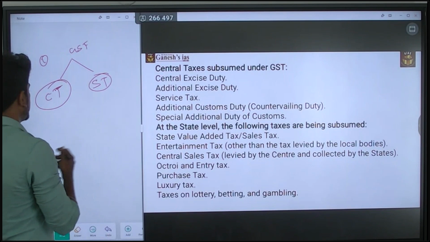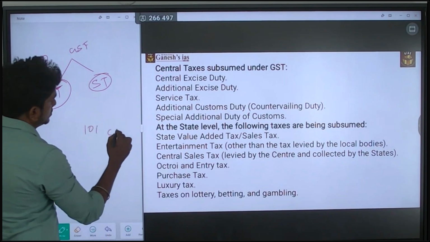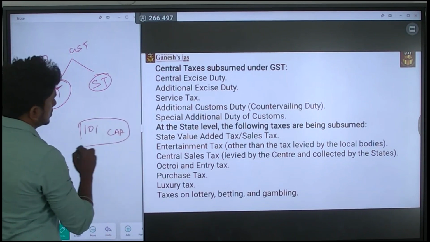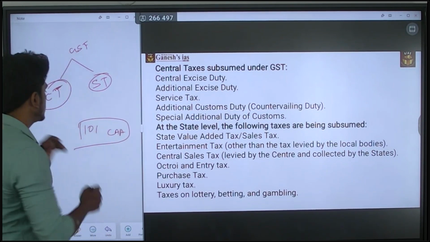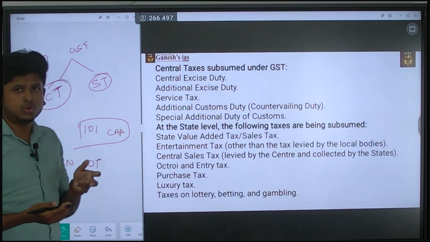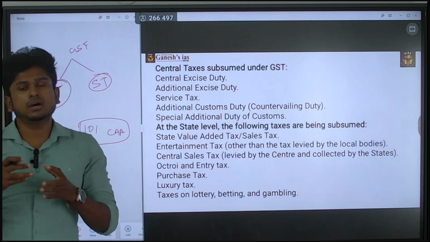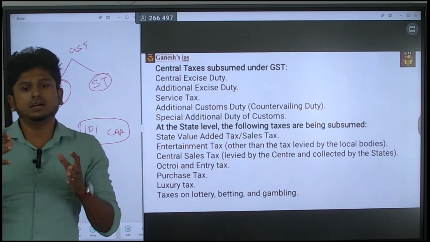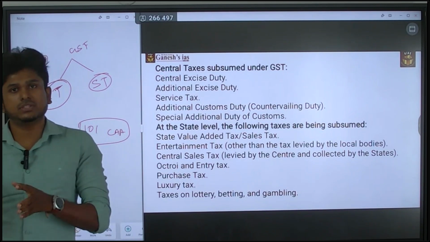For the introduction, you can just say that the 101st Constitutional Amendment led to the creation of the GST. That is also one thing. Or else, one nation, one tax. That is also one thing. Or else you can say that drastic economic changes happened due to the introduction of the GST.